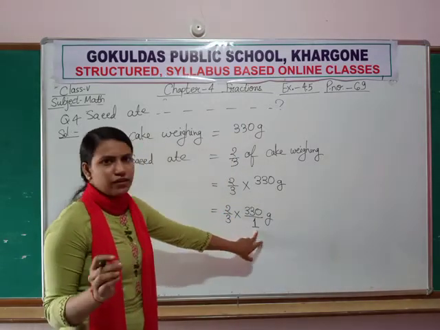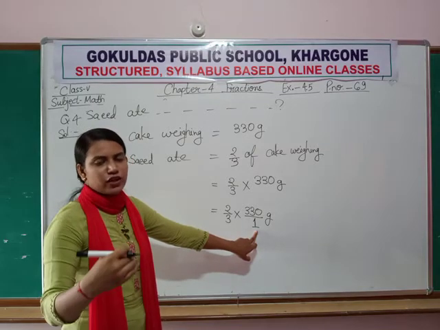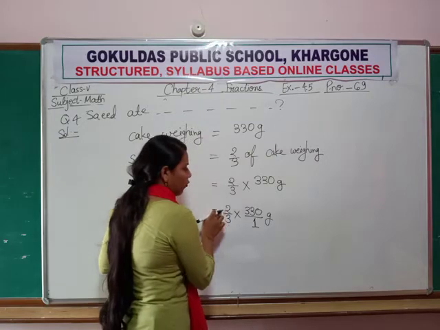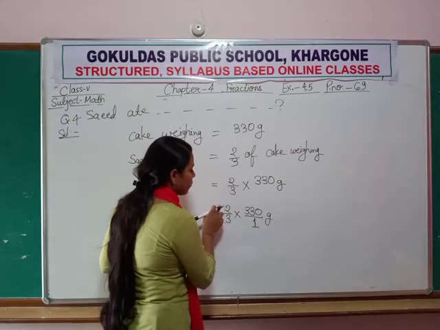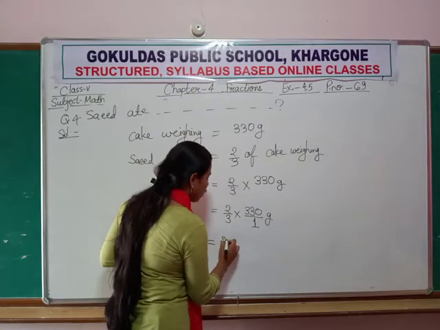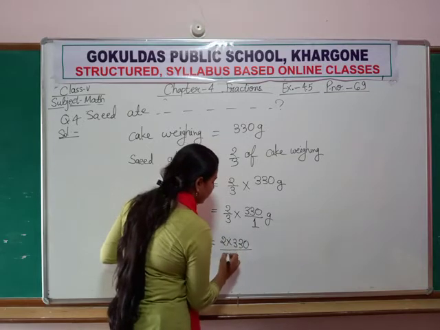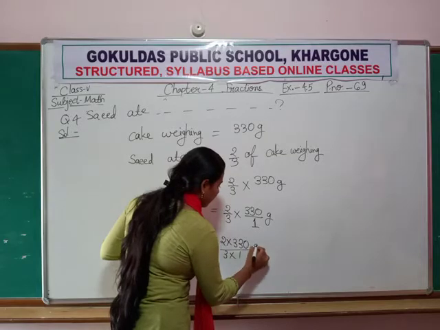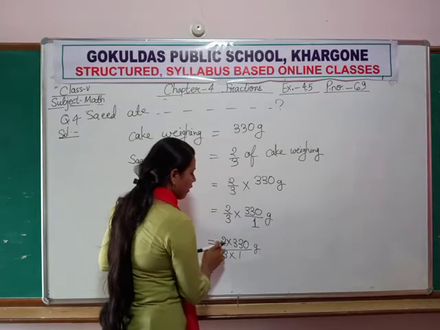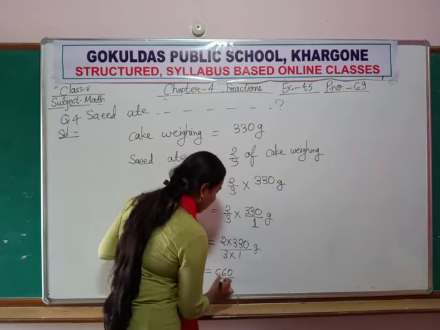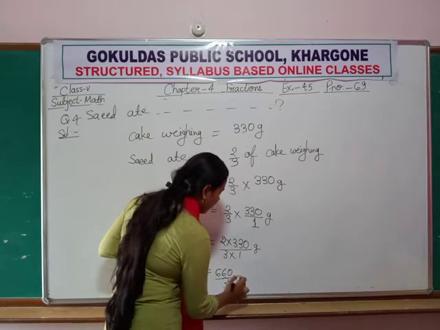We can write 1 in the denominator of any whole number. It is correct. Now we are multiplying two fractions, so numerator gets multiplied with numerator: 2 multiplied with 330 upon 3 multiplied with 1 gram. Now when we multiply both, our result is 660 upon 3 into 1, which is 3 gram.